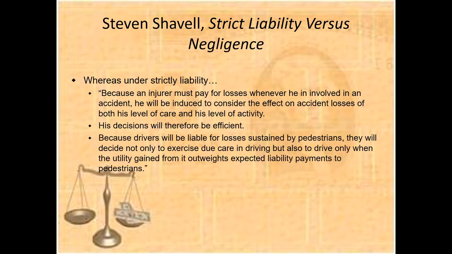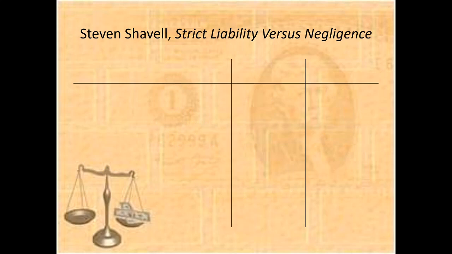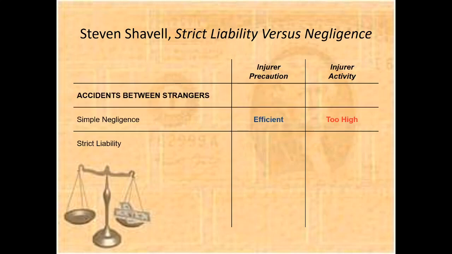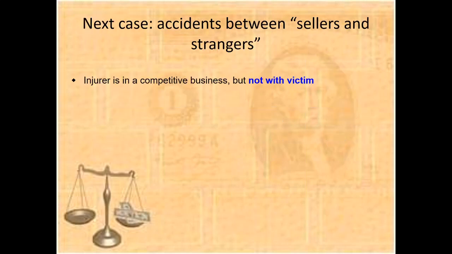Because drivers will be liable for losses sustained by pedestrians, they will decide not only to exercise due care in driving, but also to drive only when the utility gain from it outweighs the expected liability payoff to the pedestrian. So this is exactly what we had already concluded. Therefore, with simple negligence the injurer's activity level is too high, whereas with strict liability it is efficient in that sense.